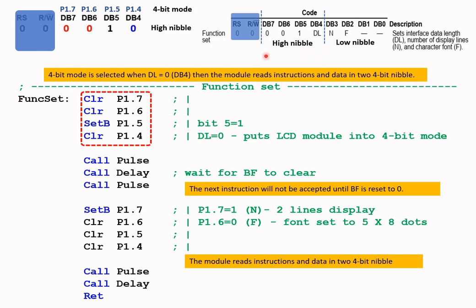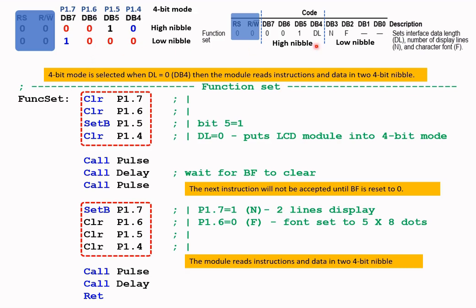Now we then need to send the low nibble, which will take care of N and F. So we send the low nibble out, and N is equal to 1. That will give us a 2-line display.